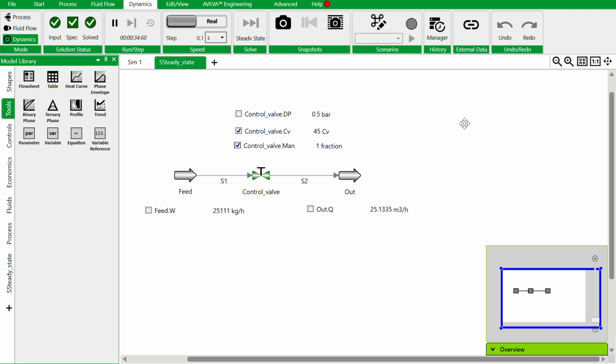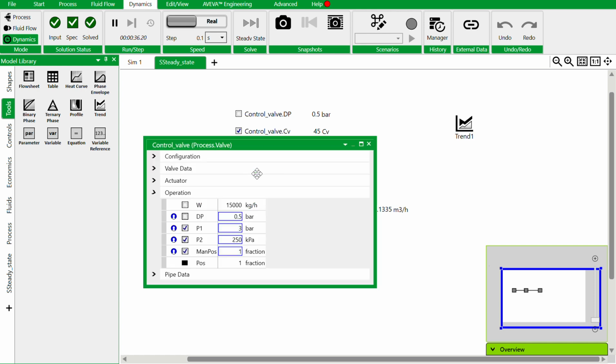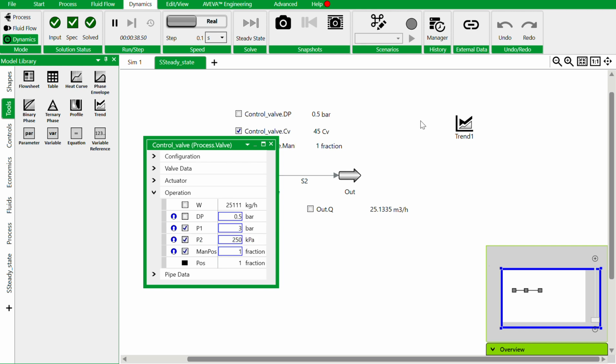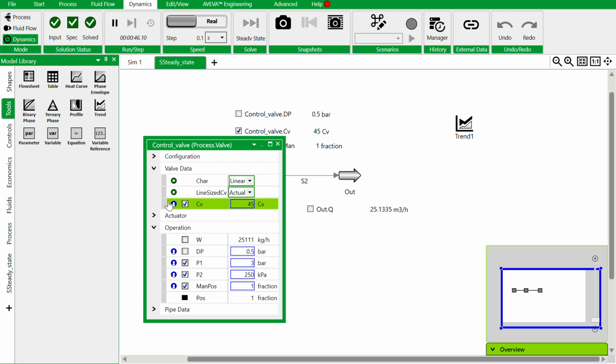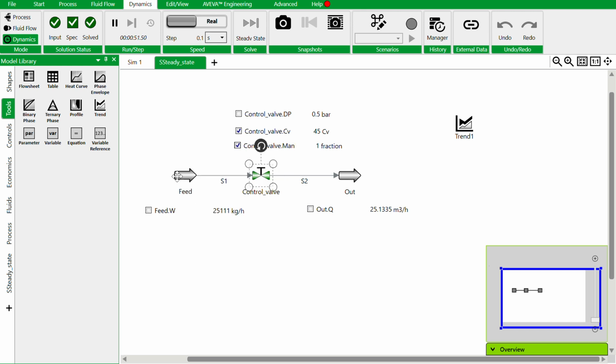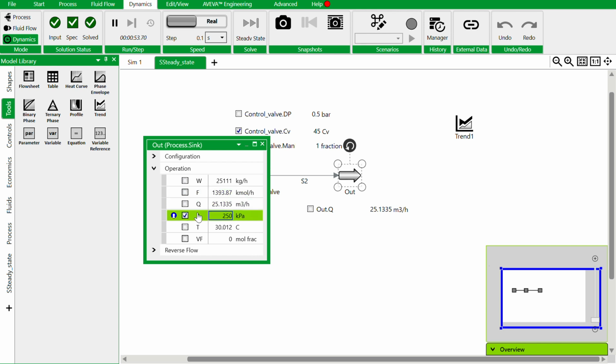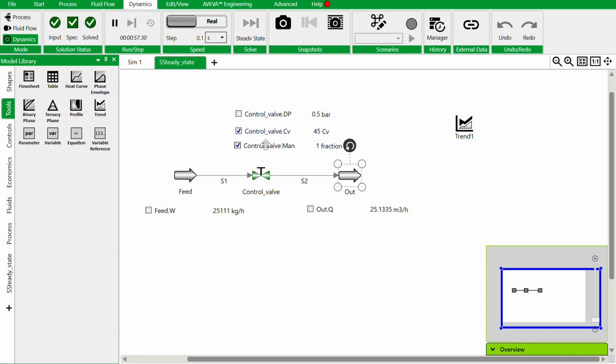You need to just drop down here, and first select the parameters which you want to observe for this particular trend. So we can select the trends for the control valve CV versus the outlet flow rate.